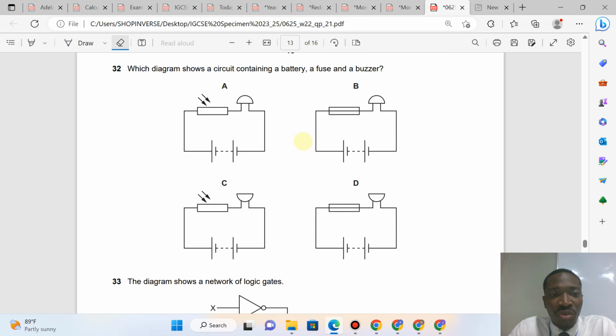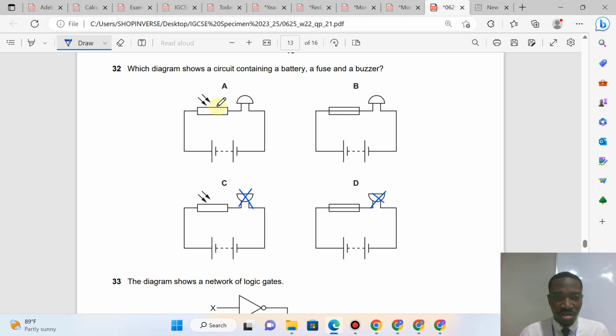Question 32. Which diagram shows a circuit containing a battery, a fuse, and a buzzer? This is a fuse. This is a buzzer. This is a battery. This is not the symbol of a buzzer. This is not the symbol of a fuse.